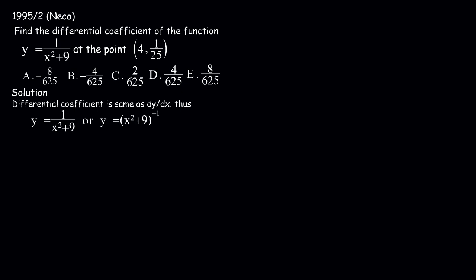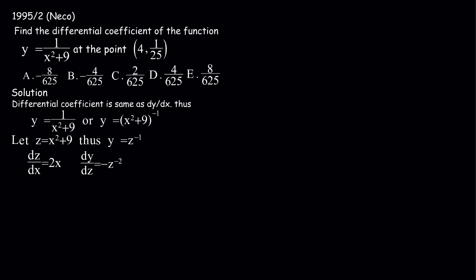Now differentiating our function, y equals 1 divided by x squared plus 9 is the same as y equals (x squared plus 9) raised to the power of minus 1, from our law of indices. Now differentiating this using the chain rule, let z be equal to x squared plus 9, thus y will be equal to z raised to the power of minus 1. Now dz over dx will be equal to 2x, and dy over dz will be equal to minus z raised to the power of minus 2.